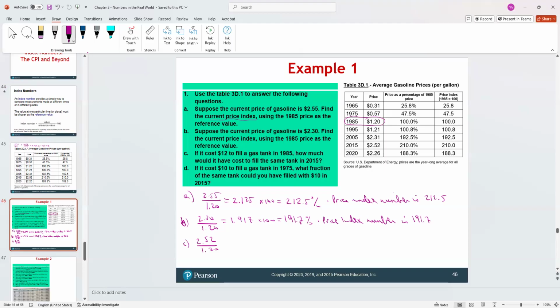So we're going to have 252 divided by 120, which is 2.1. If you multiply by 100, it gives you 210. All right, it's 210%.